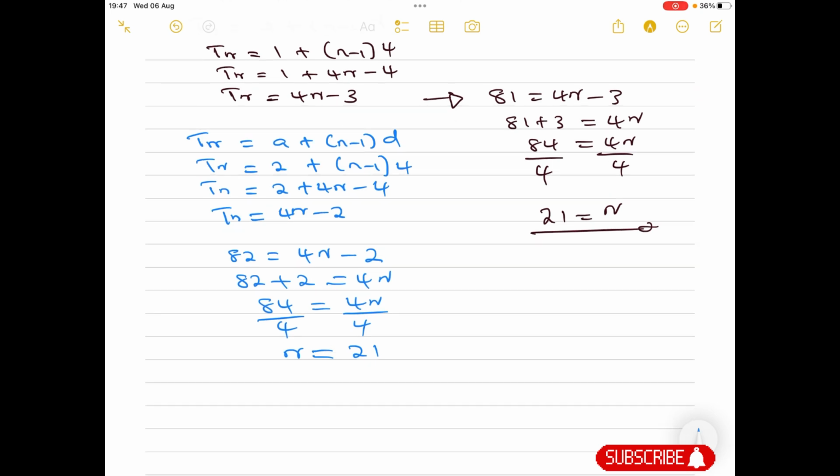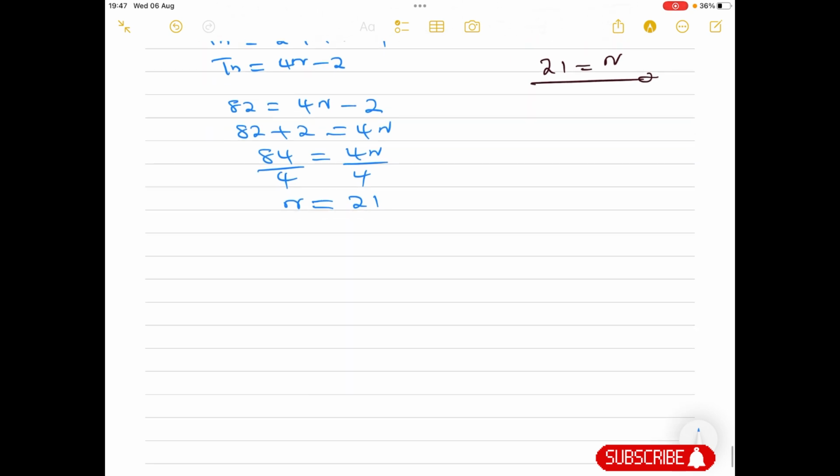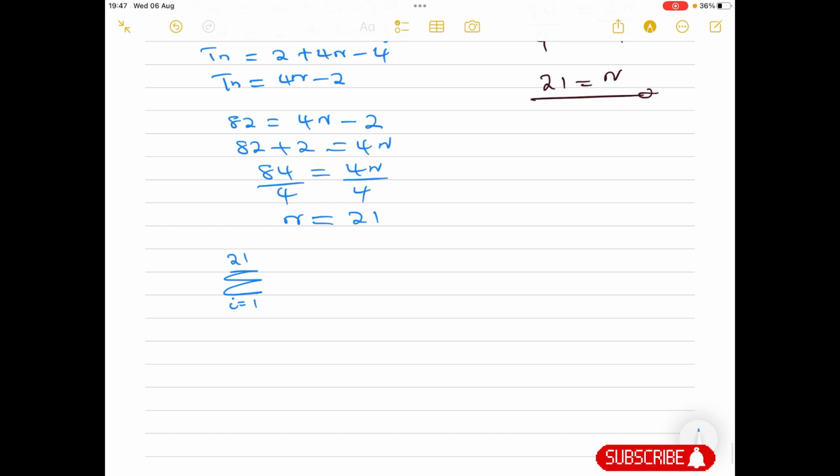All right. So now I know the number of terms being summed here. In this case, it's a summation from i equal to what? We are starting from the first term up to the 21st term. Because when we want n, it has to be top minus bottom plus 1.